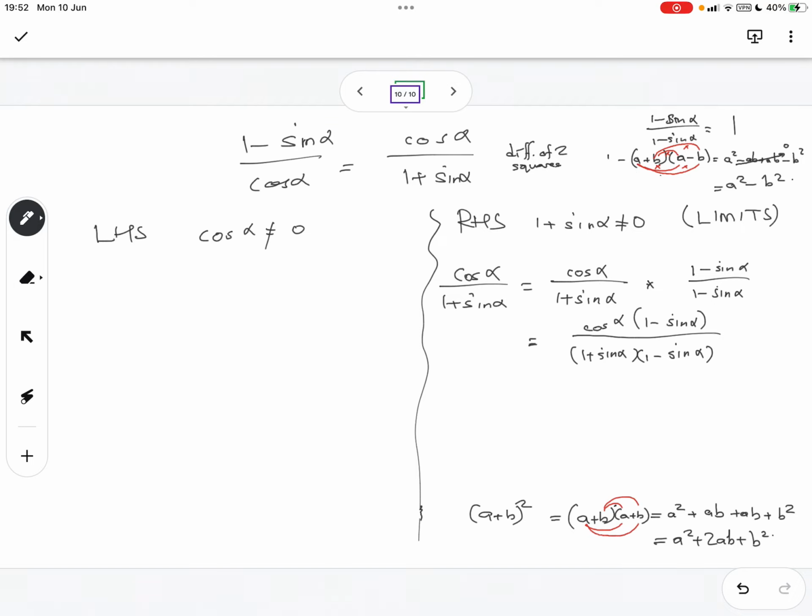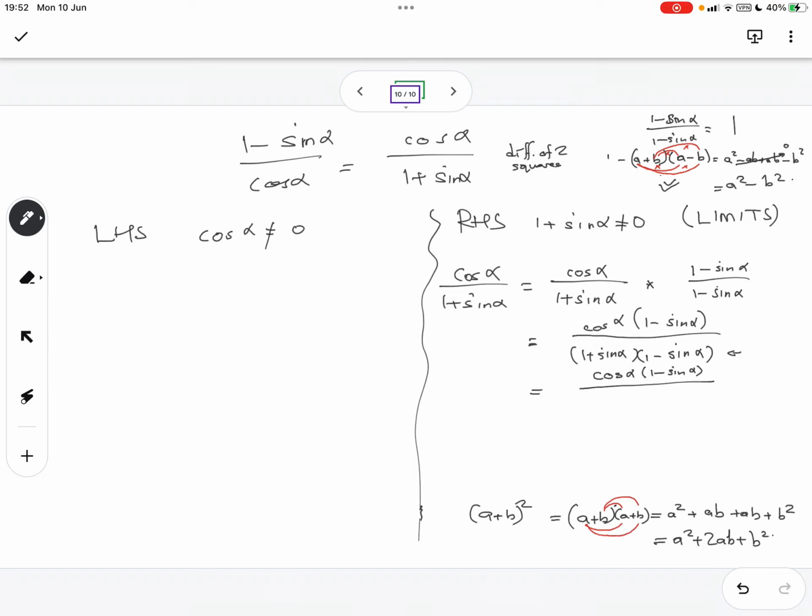So that would then be plus ab, plus b squared. And this one gives us a squared plus 2ab plus b squared. So I'm putting these down so that we can see the difference between having a plus b times a plus b and a plus b times a minus b.